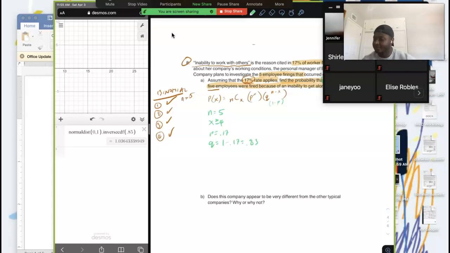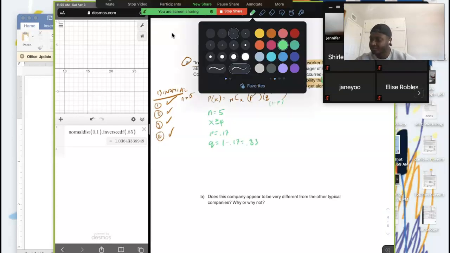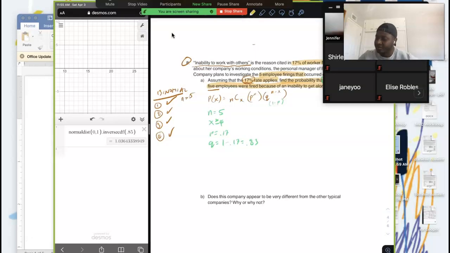All right, so now we are going to plug all that in. Because we need to find the probability of 4 and 5, we're going to have to plug everything in twice. We'll plug it in once for 4, and then again for 5. So we're going to have the probability that x is greater than or equal to 4. Now I'll put it in a bracket.